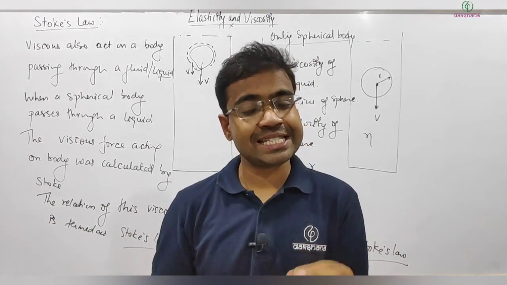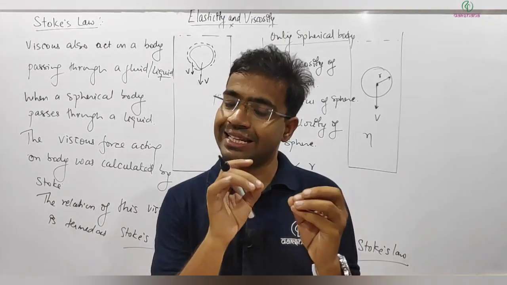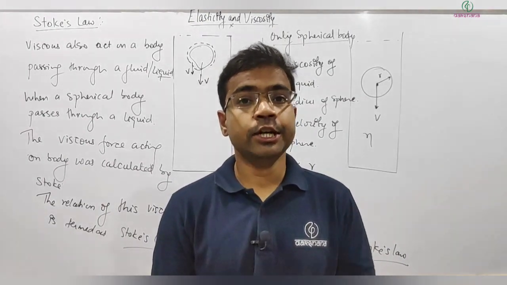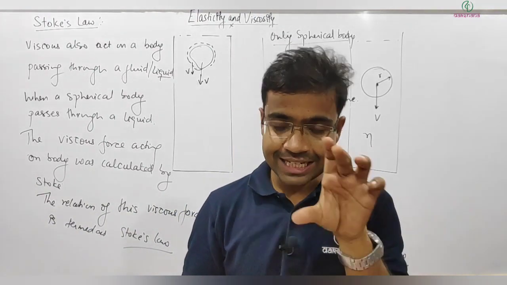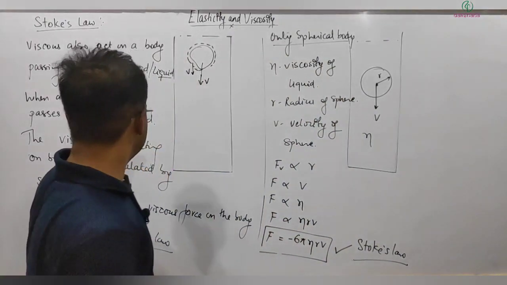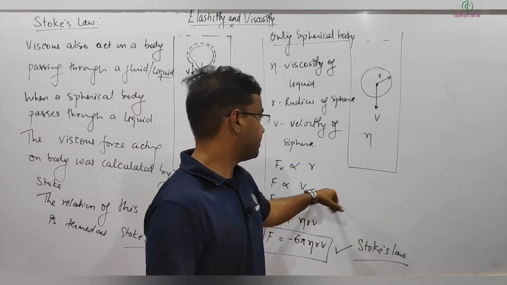Now for any random shape body we have not calculated, and the expression for calculation of viscous force will not be easy. So the calculation was done only for a spherical body, and that relation we defined as Stokes law. Stokes derived it based on experimental results.